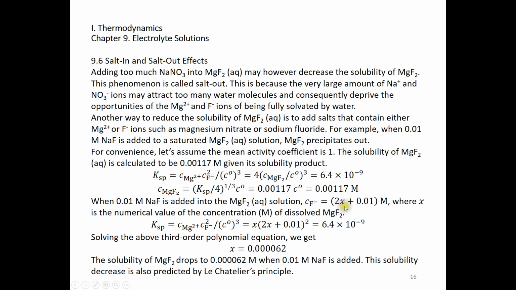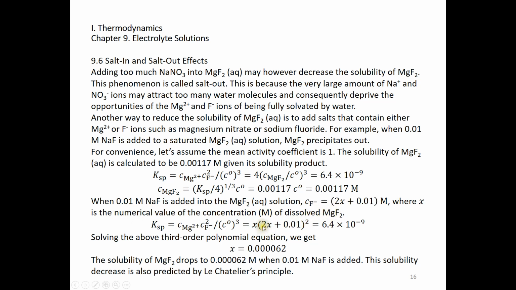So if x is the concentration of magnesium cation, then 2x is the concentration of fluoride that comes from magnesium fluoride. There's a ratio between magnesium and fluorine in magnesium fluoride, which is a 1:2 ratio. So again, x is just the numerical value of the concentration of the dissolved MgF2, or the concentration of the magnesium cation.